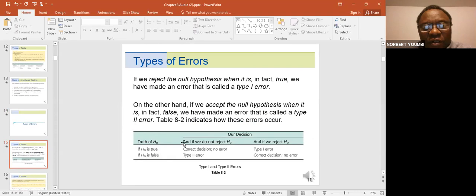If H0 is true and we take the decision not to reject H0, there is no error. But if we take the decision to reject H0 when it is true, we make a type 1 error. If H0 is false, and we do not reject H0, we make a type 2 error. If we reject H0 when it is false, there is no error.